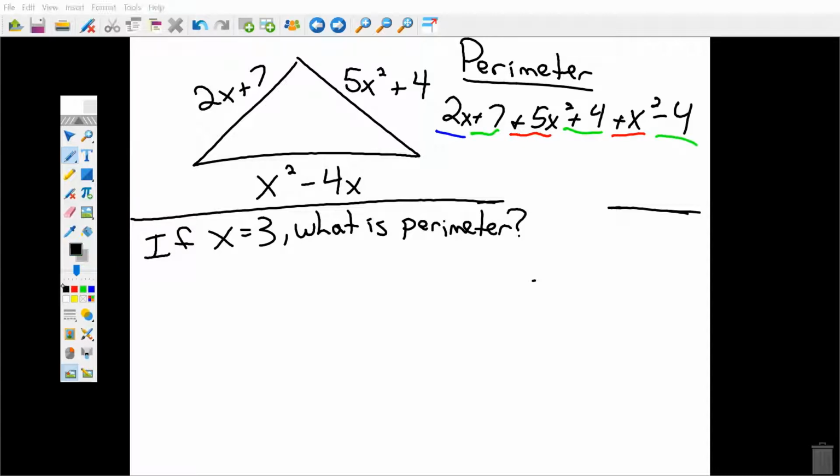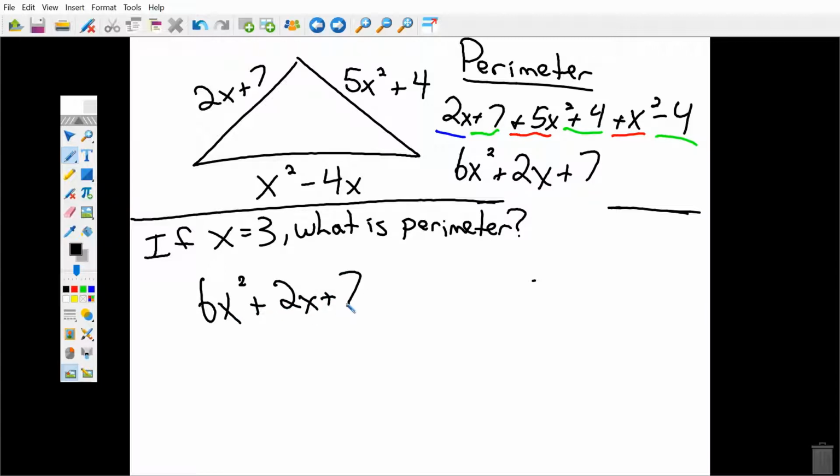And then add up the like terms. 5 plus 1, 6x squared. There's only one x, so that's 2x. And then 7 plus 4 is 11, minus 4 is 7. So 6x squared plus 2x plus 7.